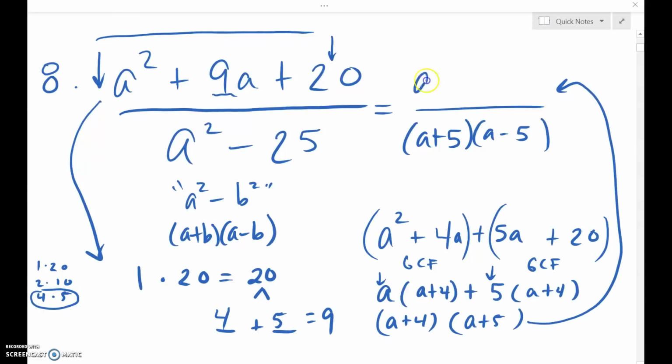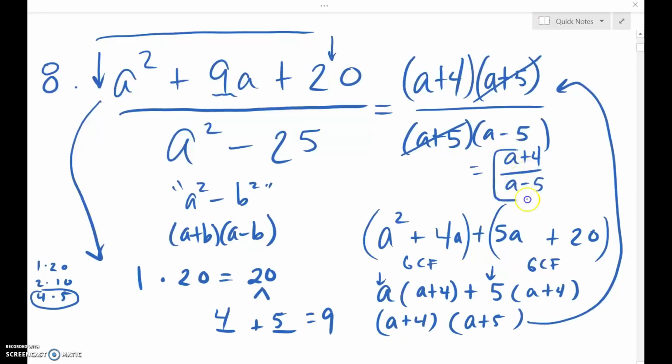So that's a plus 4 times a plus 5. And now I've got the factored form of my numerator and the factored form of my denominator. And I can simplify by canceling out these a plus 5s. And I'm left with a plus 4 over a minus 5 as my simplified expression.